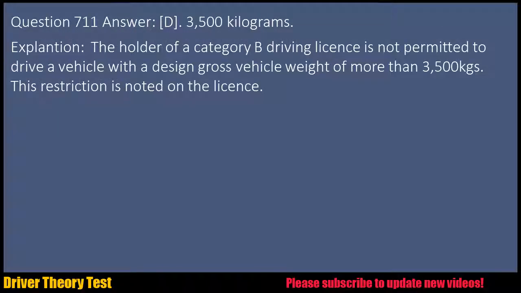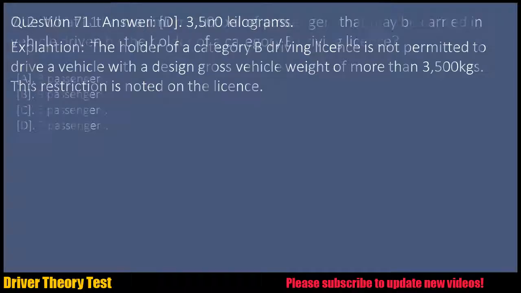Question 711 Answer, D. 3,500 kilograms. Explanation: the holder of a Category B driving license is not permitted to drive a vehicle with a design gross vehicle weight of more than 3,500 kilograms. This restriction is noted on the license.